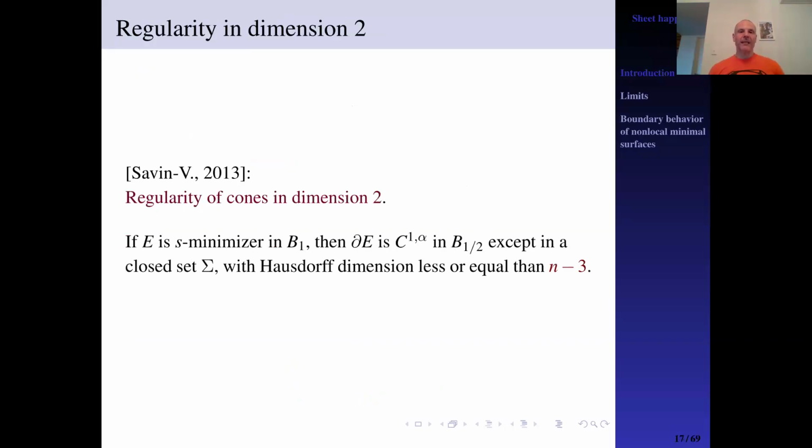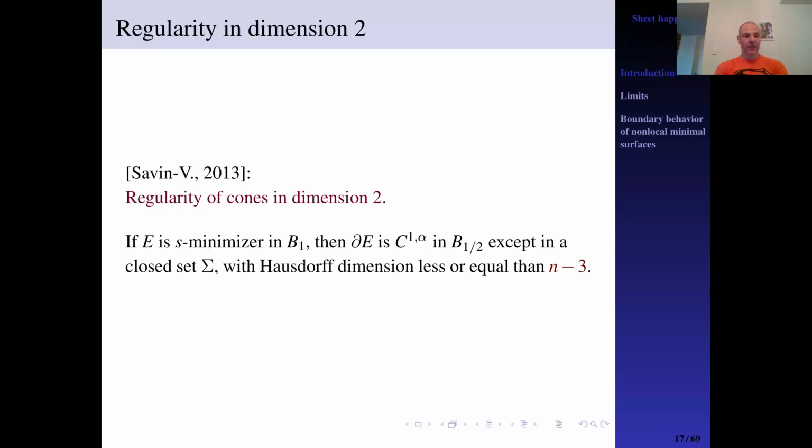In terms of regularity, so far, not much is known. So up to now, we know that there is regularity in dimension 2. This was a result obtained a while ago with Ovidiu Savin. And consider that it's already non-trivial, because while in the classical case, dimension 2 only gives you segments, so you know regularity just by inspection, just by solving the equation.